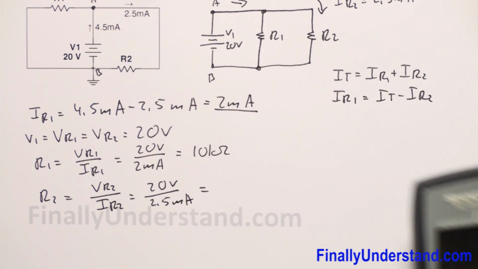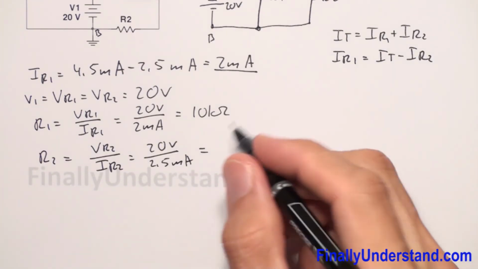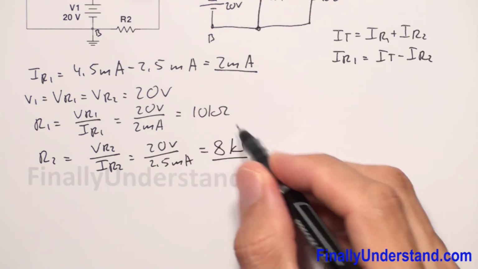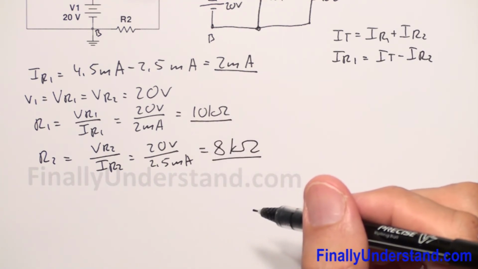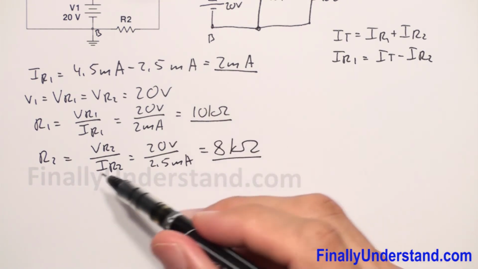So I have 20 divided by 2.5 exponent 3 negative. This is equal to 8 kiloohms. We found the values of the resistors, we found the currents, we found the voltages.